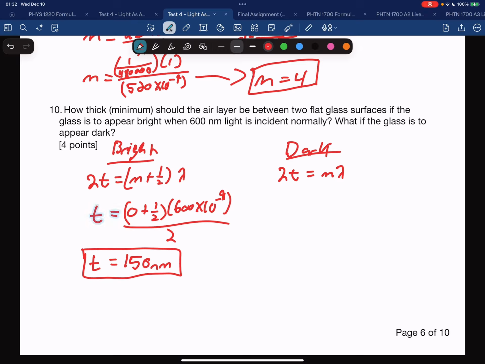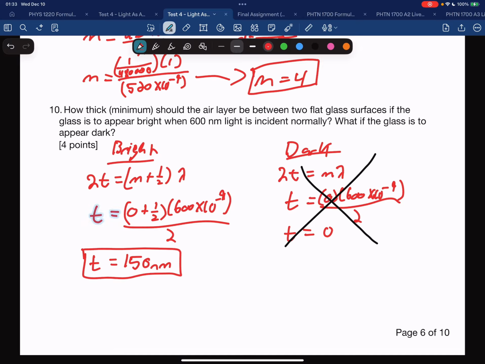All right, let's try dark. If I plug in 0 for M, and 600 times 10 to the negative 9 over 2, I'm going to get a T of 0. That's not going to work, because that is basically a trivial solution.